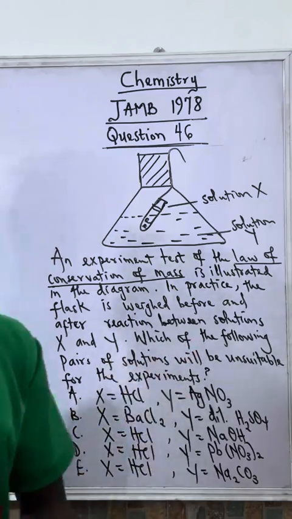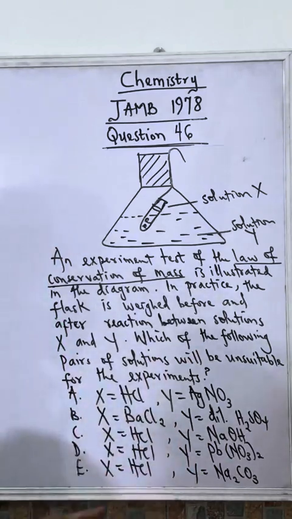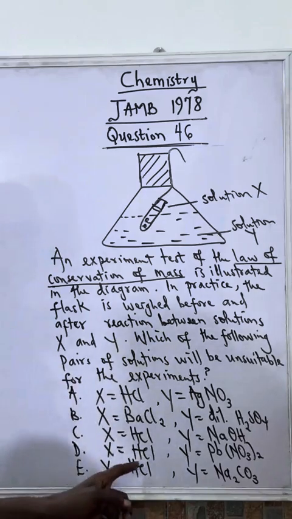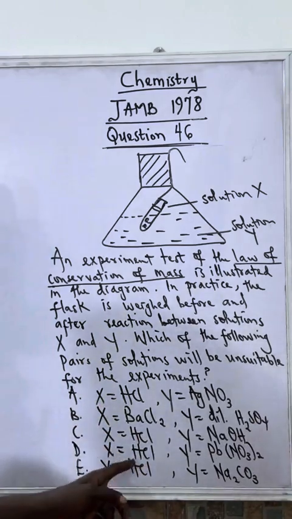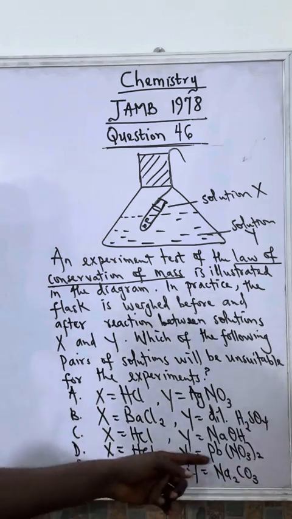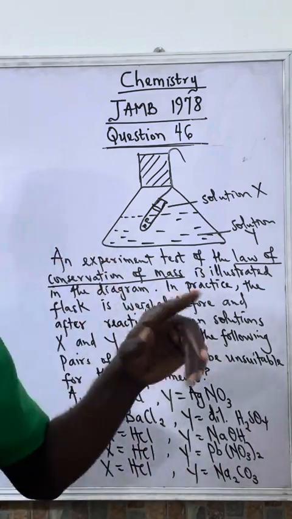This is a neutralization reaction, which will lead to the formation of salt and water. This is also not a problem. Let's go to the next one, hydrochloric acid plus lead nitrate. This will lead to HNO3 formation and then lead chloride too, which is also not going to be lost.